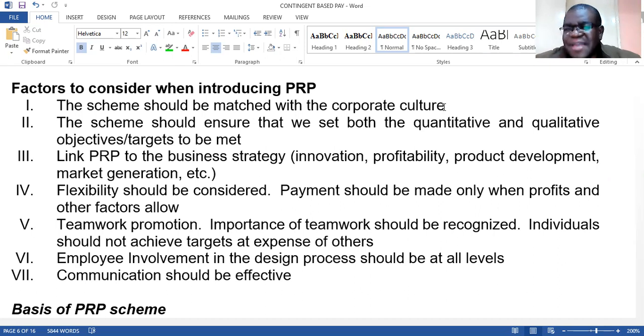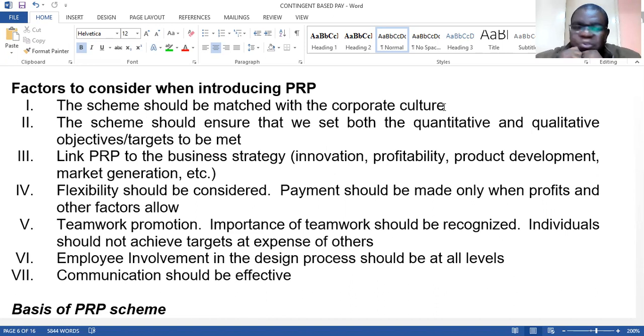Factor number 3, be able to link PRP scheme with the business strategy so that critical elements, product development, innovation, profitability are the areas you'll be focusing on as you introduce PRP schemes. The objectives against which you will be rewarding should be these strategic elements.